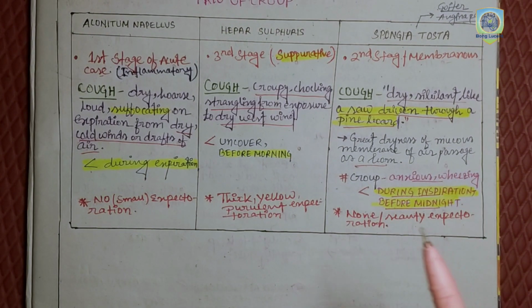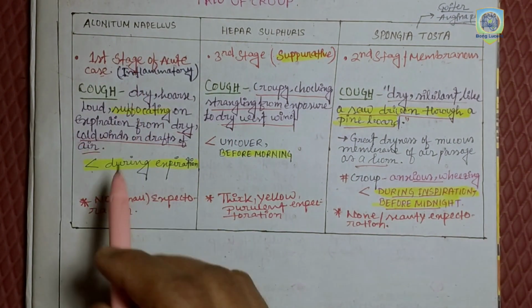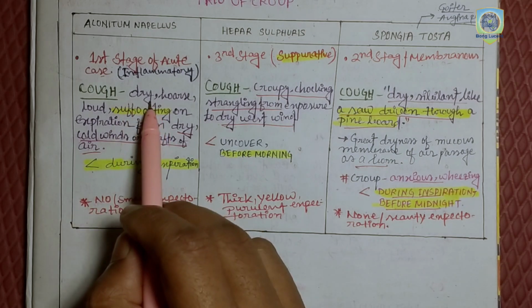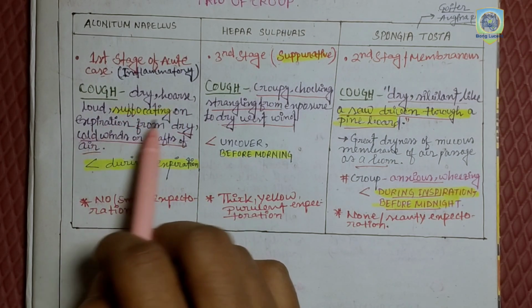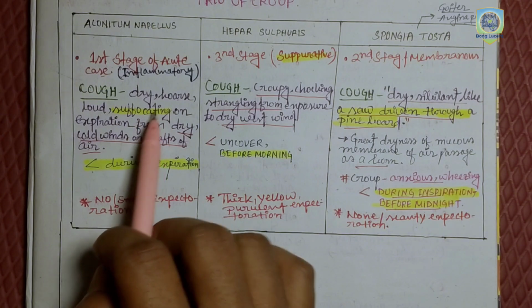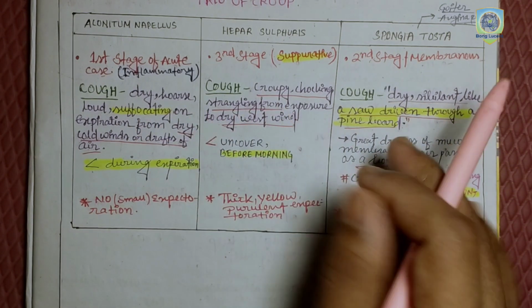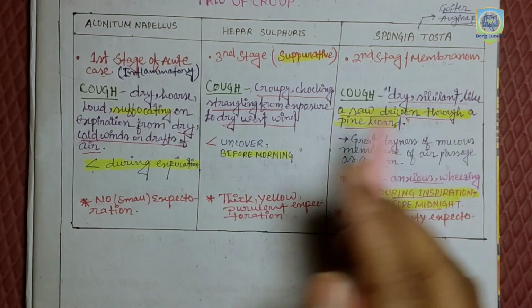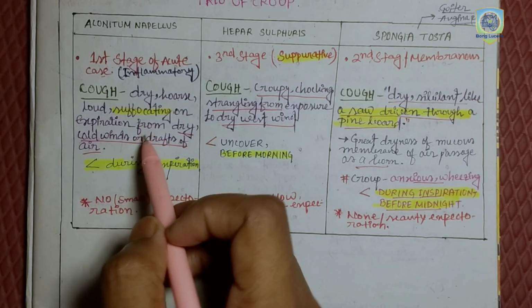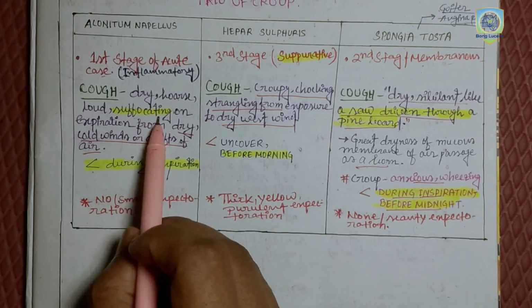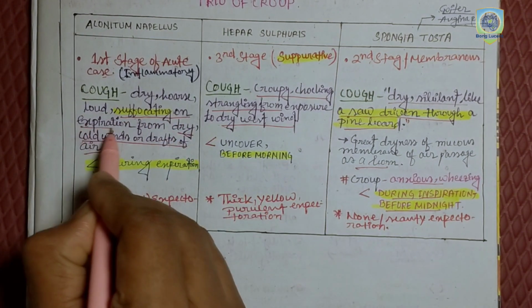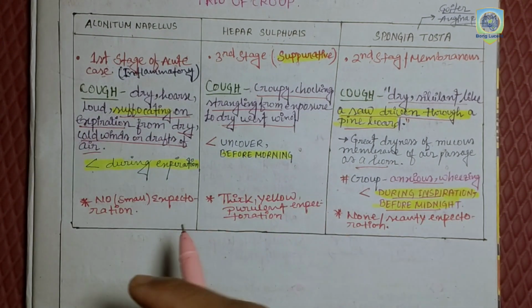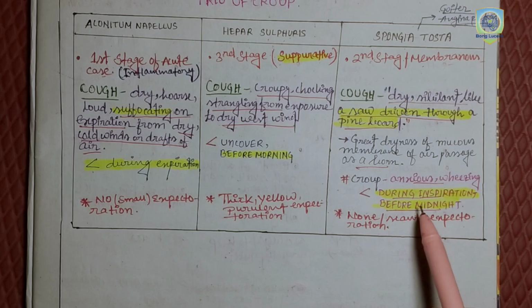Then we can see the characteristics of cough. What are the characteristics of cough? In Aconitum napellus, the cough characteristics are dry, hoarse, loud, suffocating. Here is the most important keynote, taken from Allen's, Boericke's and other Materia Medica: suffocating on expiration. That is the key symptom, suffocating on expiration, while in inspiration Spongia is marked.